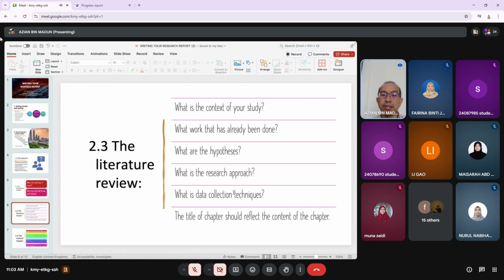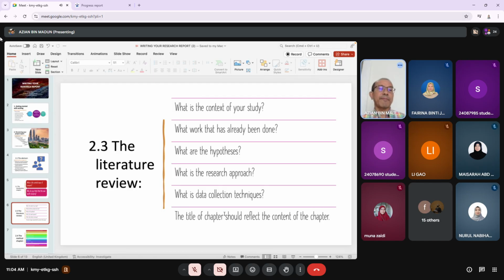Data collection techniques, how do you do it, it's all about the past study. Meaning you're talking about what people have done, and then towards the end, in this literature review you try to figure out what has been done before.